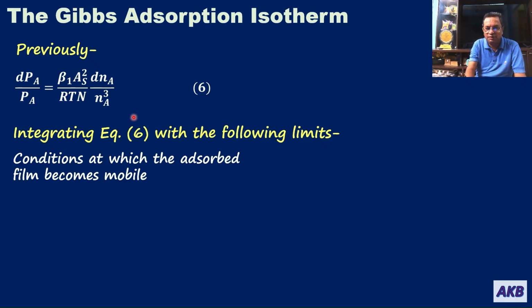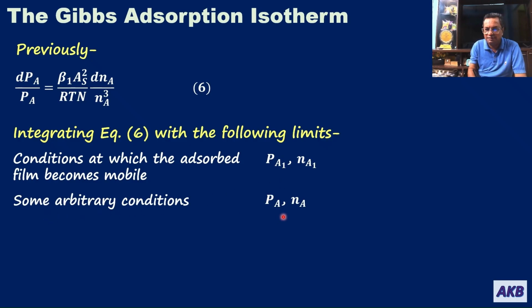For those conditions, let the pressure be Pa1 and the number of moles on the surface be Na1. So we have one limit, Pa1 and Na1. And then the other limit is some arbitrary conditions, Pa and Na.